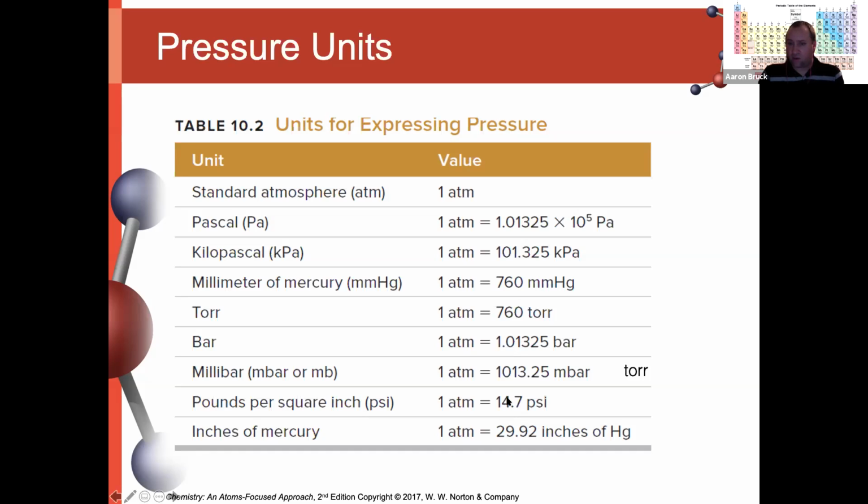And so you could convert directly between them. You could do something like this, where you have 14.7 psi in the denominator and 760 millimeters of mercury in the numerator, and do a conversion factor.